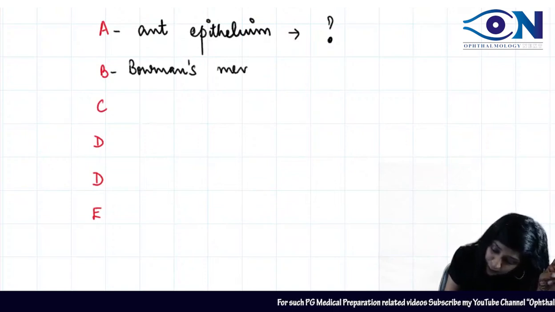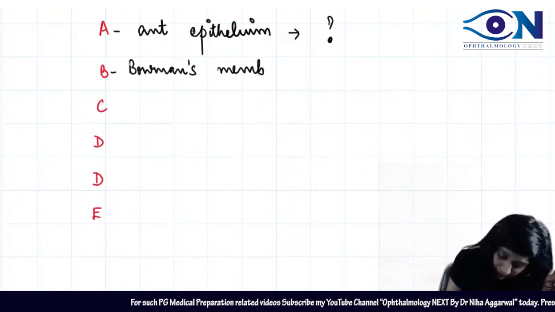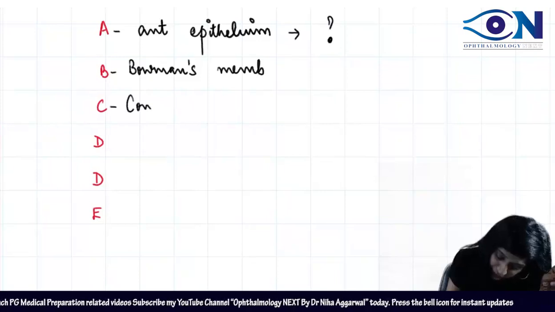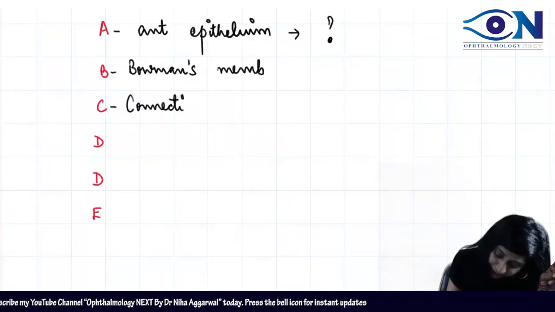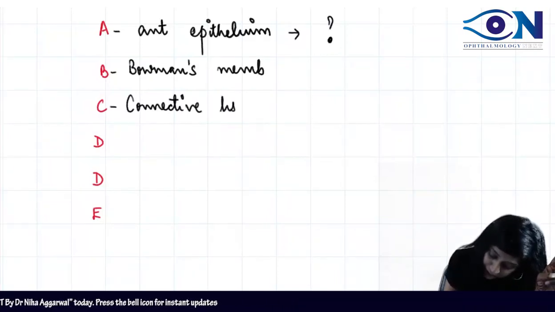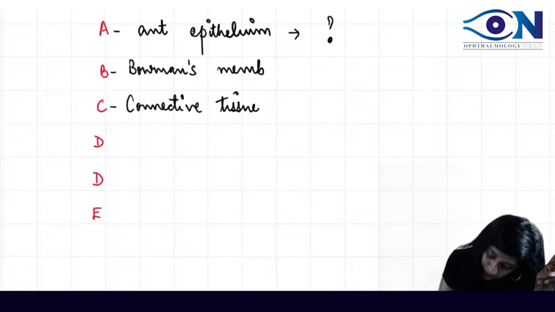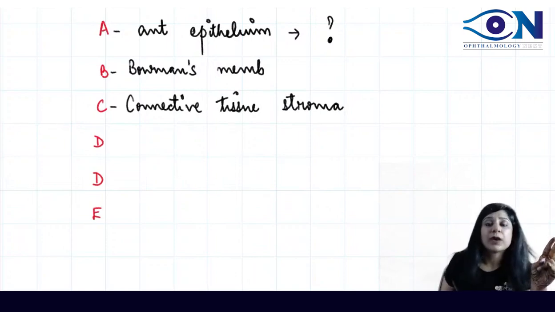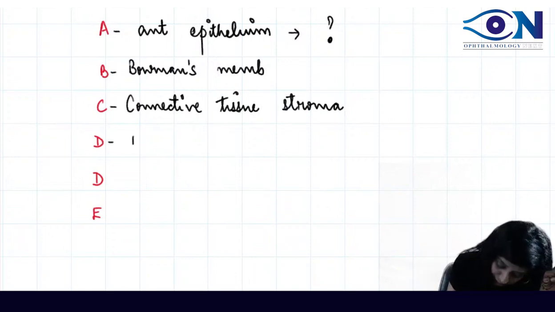B for Bowman's membrane. Then we have C for connective tissue stroma. D for Duas layer.